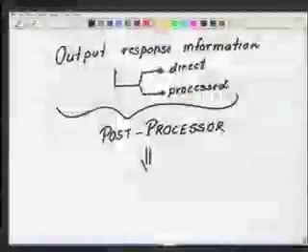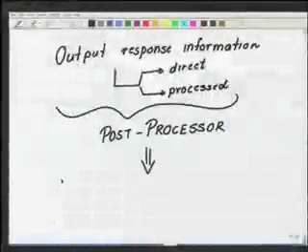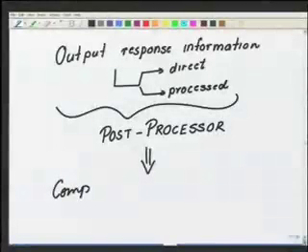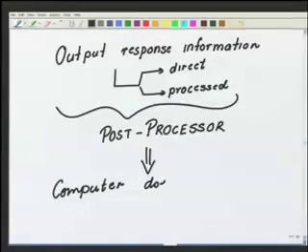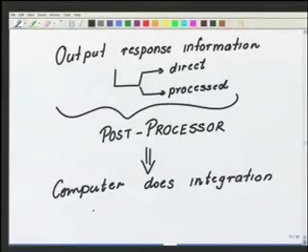So what we would like to do is to let the computer do the integrations for us, for which many of you must be aware, we use numerical integration.